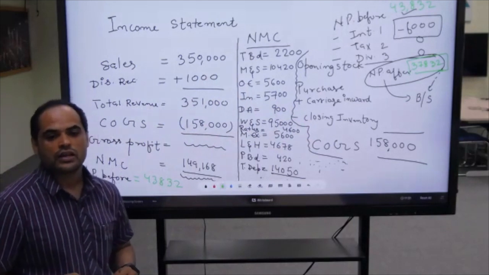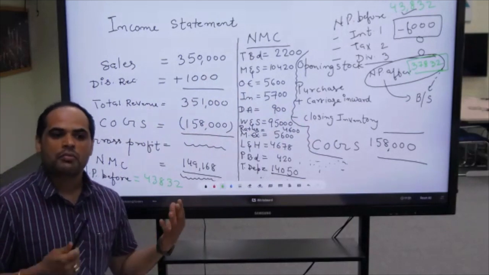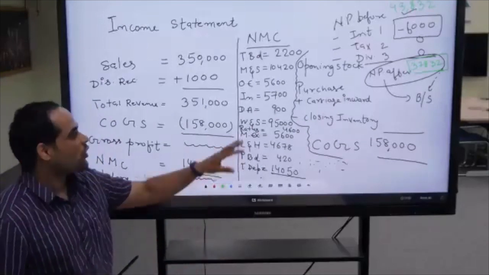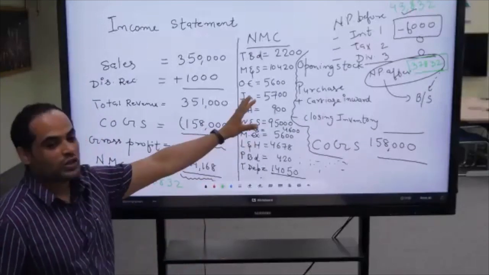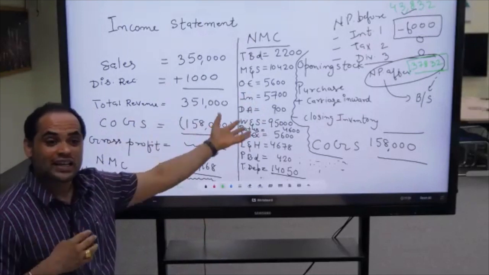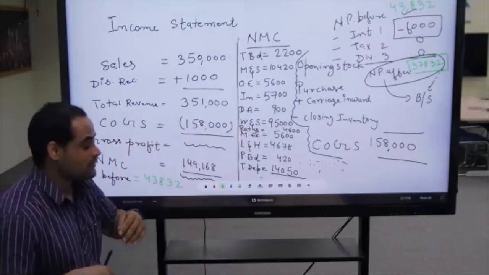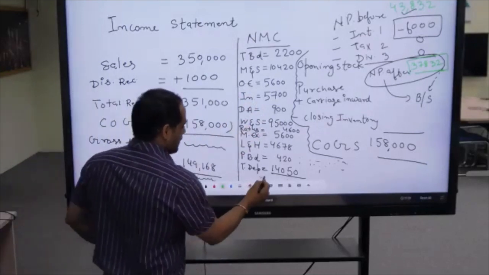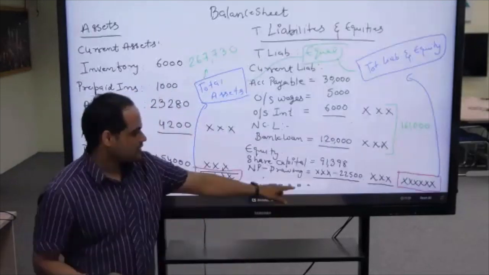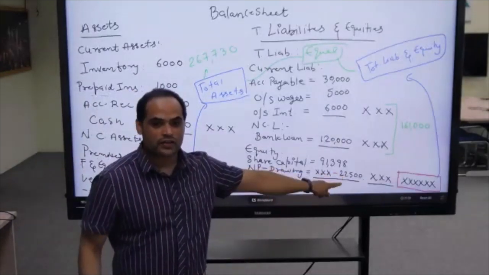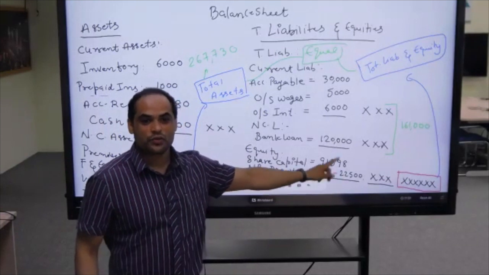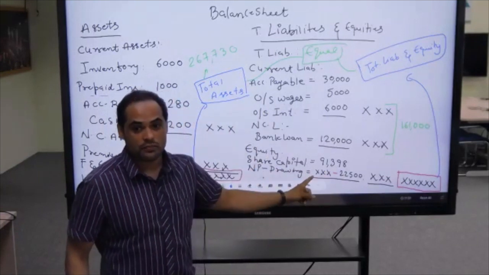So how about drawing? We subtract it from the balance sheet, not from here. Drawing, we do not subtract here. That I told you in the last lecture, and I did the same thing here. Drawing of 22,500, we do not subtract from the income statement, we subtract from the balance sheet.